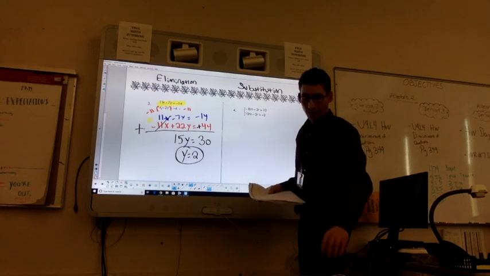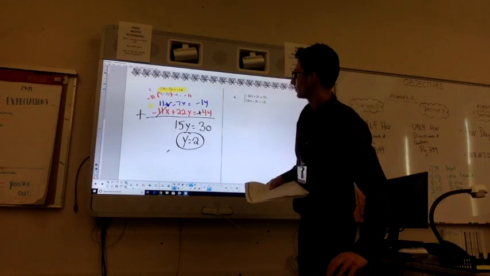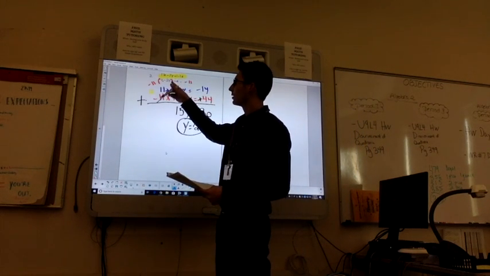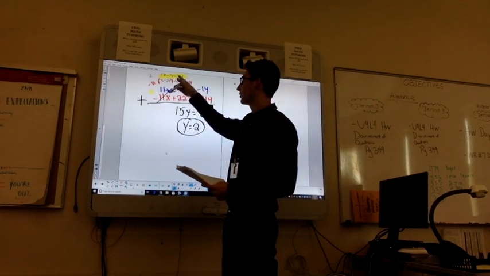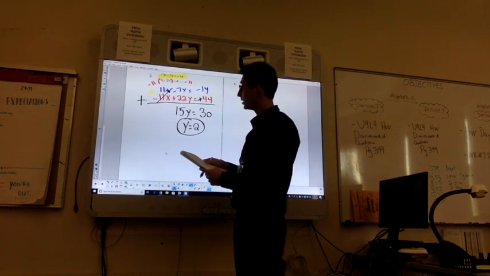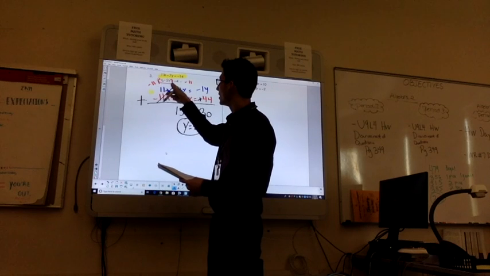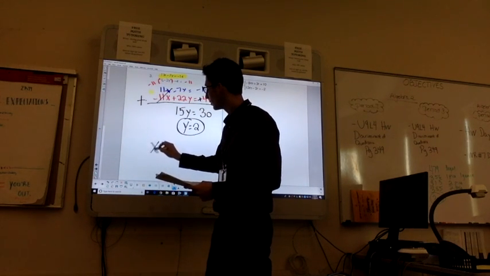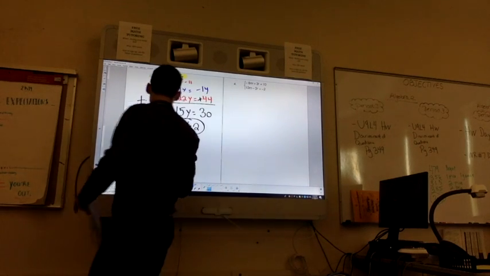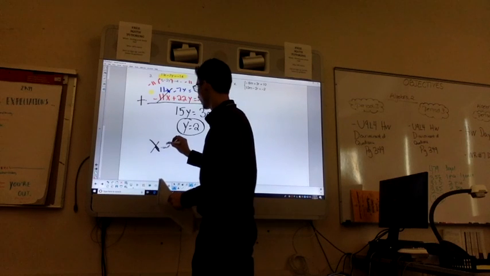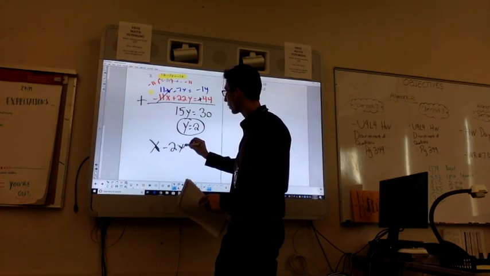Okay, now I've got to solve for x. Again, it doesn't matter which equation I substitute back into. As long as I do one of them, I can find my x. So on my sheet, I substituted it into this one. I did x minus 2y, so I'm going to write this down. x minus 2y equals negative 4.